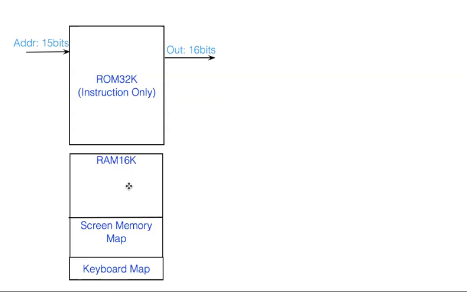The RAM 16K stores the data itself. The screen memory map deals with the output device, the screen, and the keyboard map deals with the input device, the keyboard. That's why the RAM only has 16 kilobytes, compared to the ROM, which has 32 kilobytes.